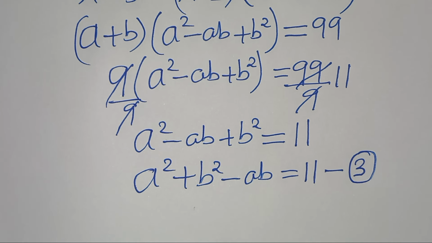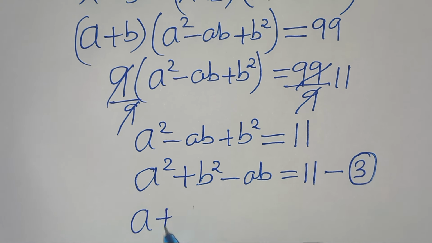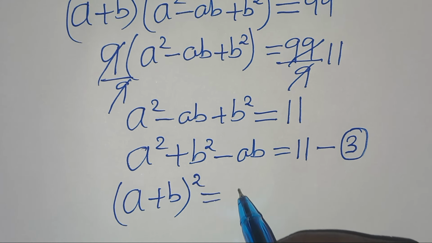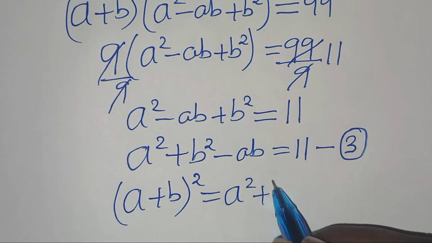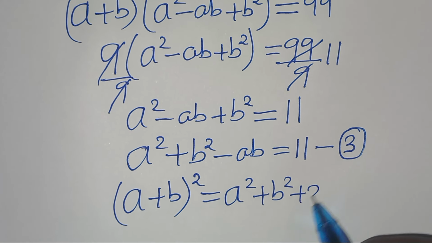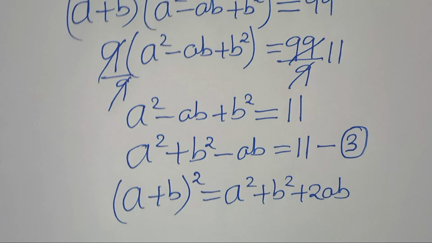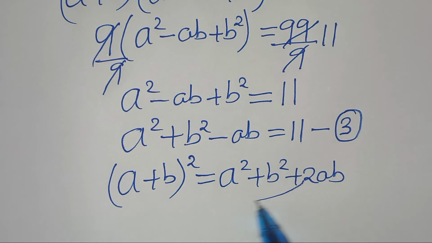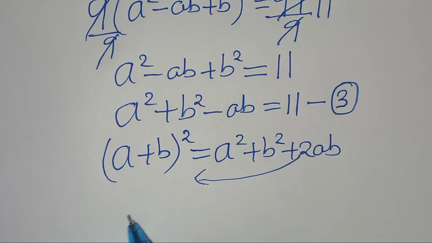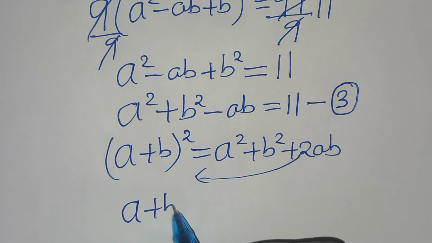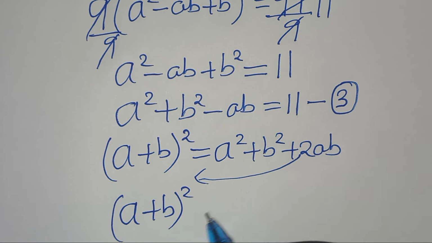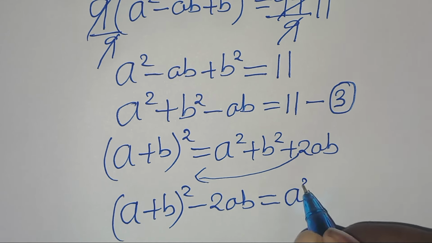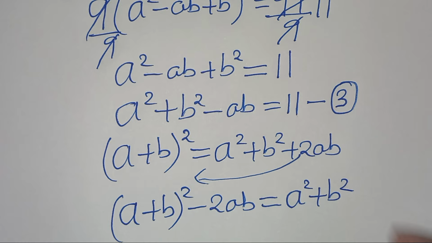Let's call this equation 3. Now, we have that (a plus b) raised to the power of 2 is the same thing as a squared plus b squared plus 2ab. Let's take plus 2ab on the left hand side so that we have (a plus b) raised to the power of 2 minus 2ab. This is equal to a squared plus b squared.